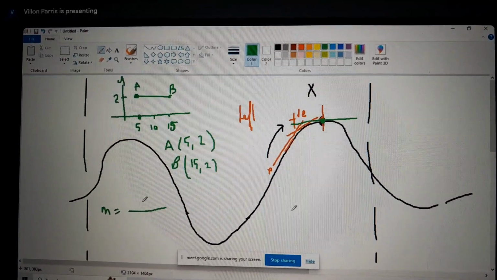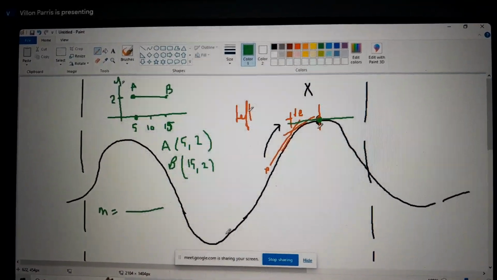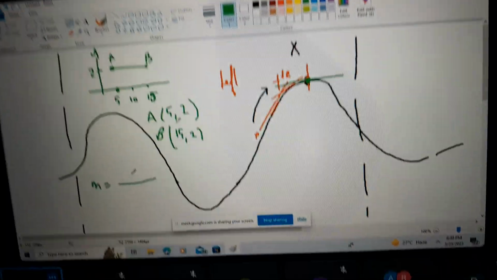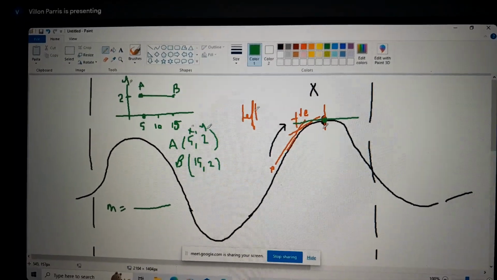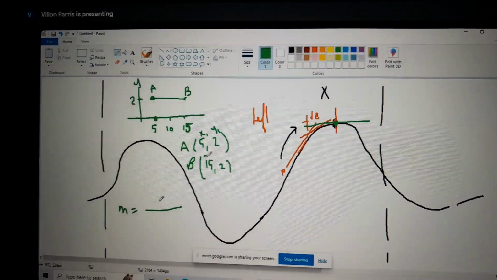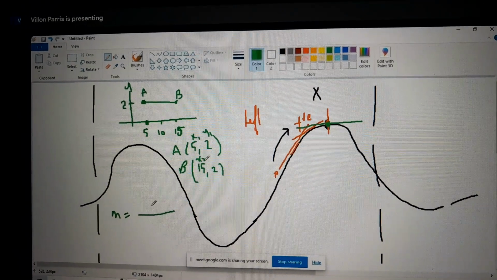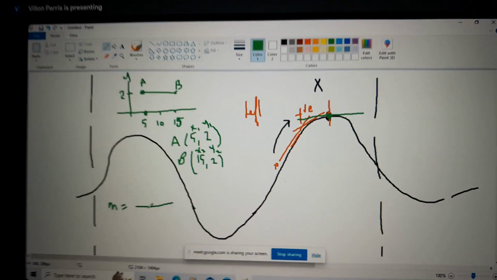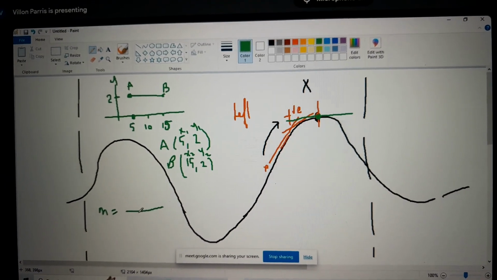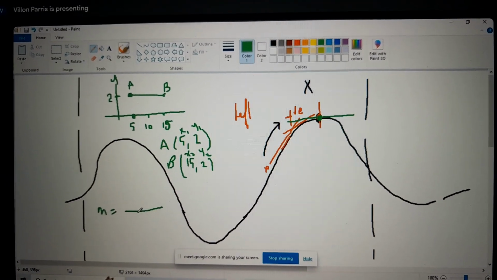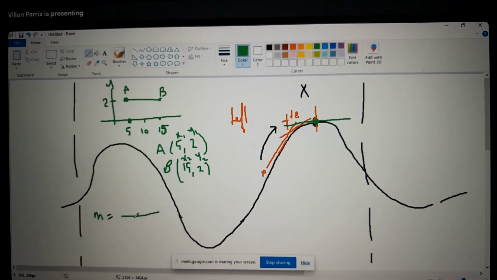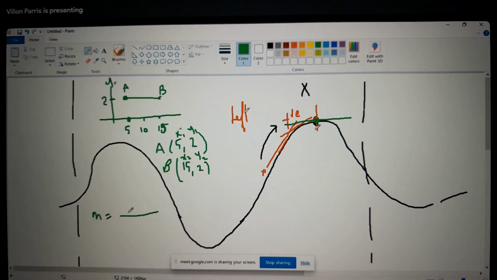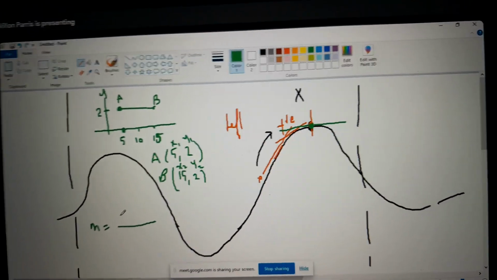Anyone? Come on, someone talk to me. What's the gradient of the line AB? So y2 minus y1 over x2 minus x1.